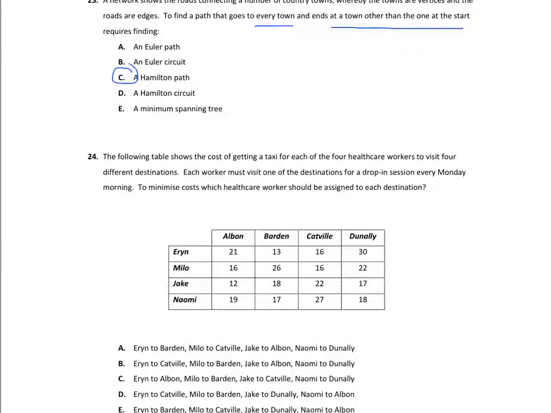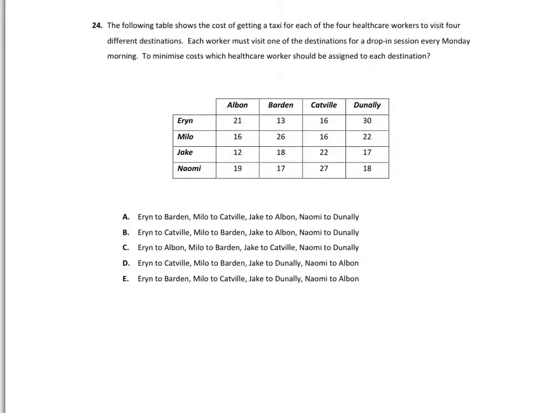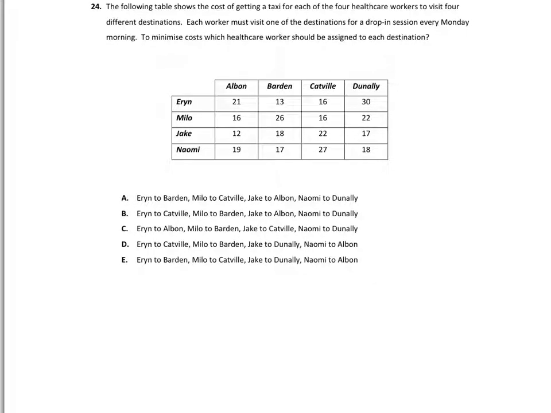Okay, question 24. So another allocation problem. We want to cost getting a taxi for 4 healthcare workers to visit 4 different destinations. We need to work out who should go where in order to minimise the cost. So we need to work through our Hungarian algorithm again here. First step, subtract the smallest number from each row.